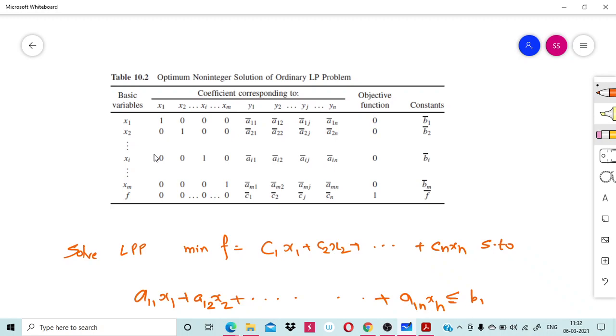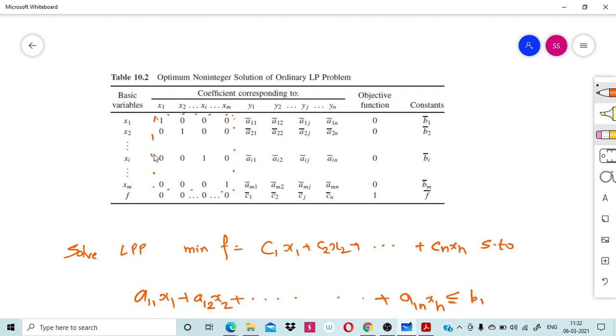Also, the matrix corresponding to the basic variables x1, x2, etc., up to xm will be an identity matrix.